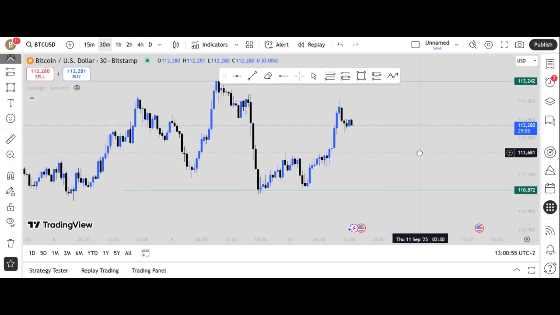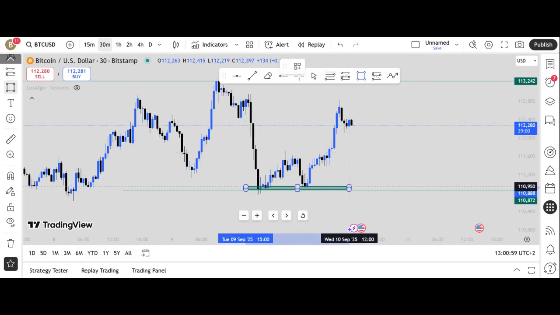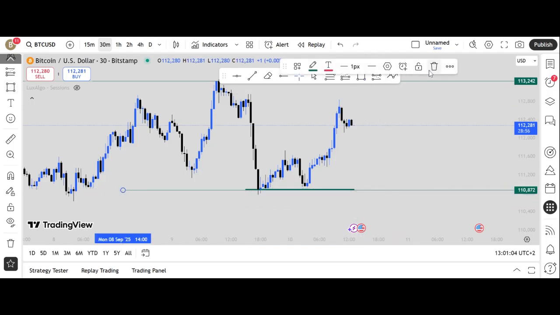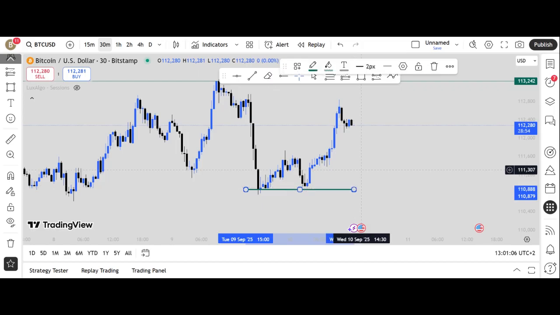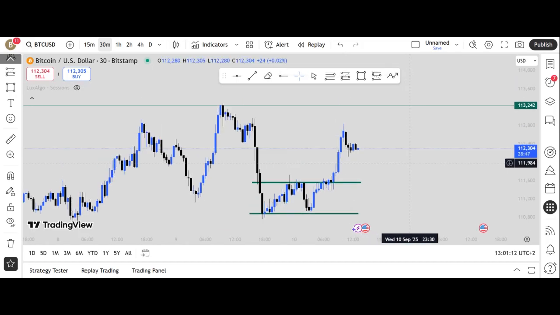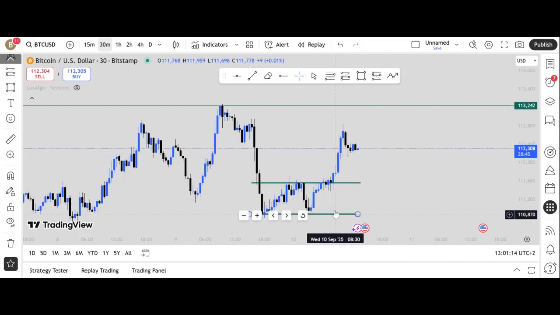So from this point, I had to plot my levels, I had to mark my support, and I had to mark my resistance level again. These are just minor. So this is a minor support and this is a minor resistance.